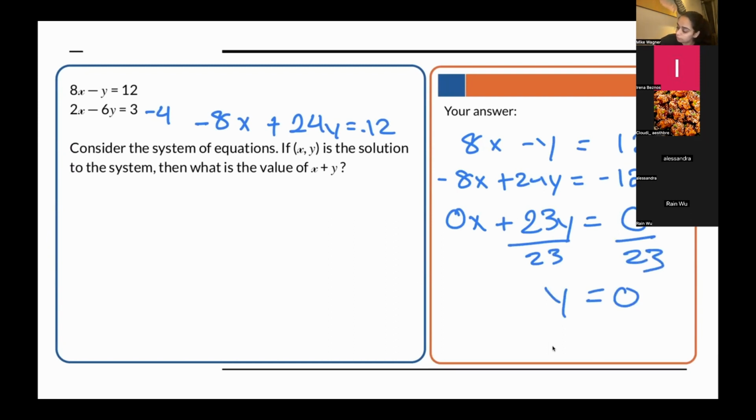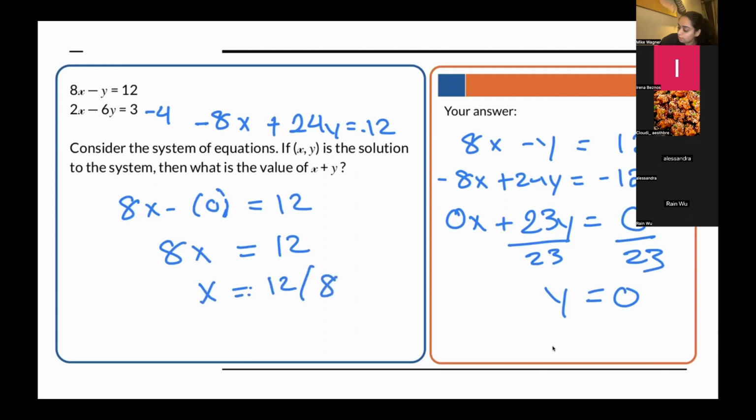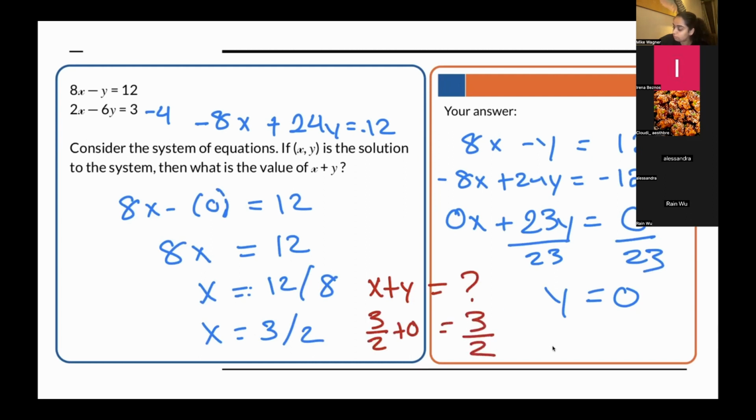Let's plug it into the first equation. 8x minus 0 equals 12. 8x equals 12. x equals 12 over 8, or x equals 3 over 2. And since it's x plus y, I'll write that cleaner. x plus y equals 3 over 2 plus 0. That's the solution. Anybody have any questions on this one?